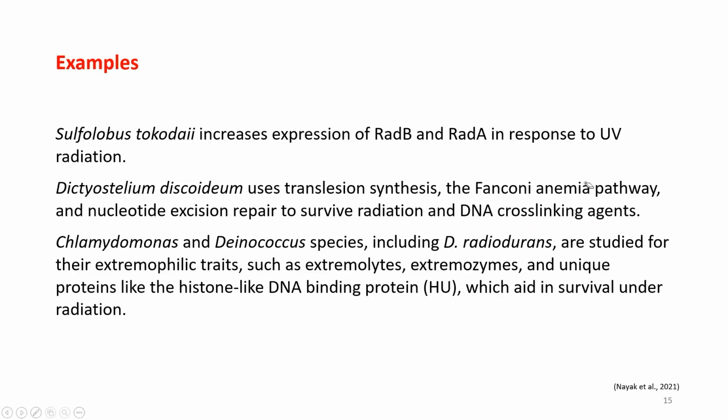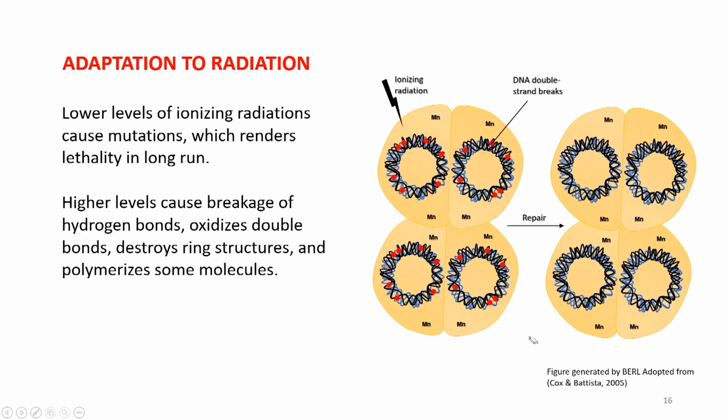Then you have others like Chlamydomonas and D. radiodurans, which have been studied for their extremophilic traits such as extremolytes, extremozymes, and unique proteins like histone-like DNA-binding protein HU, which aid in survival under radiation.